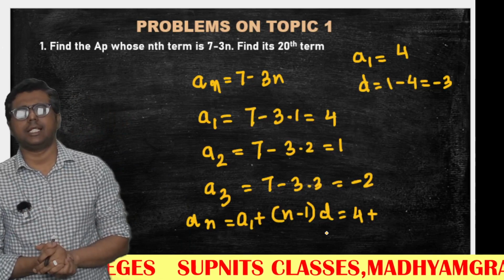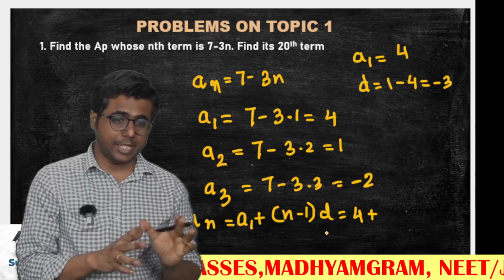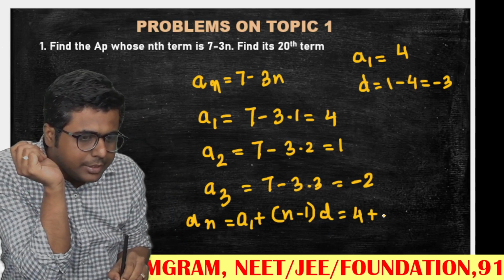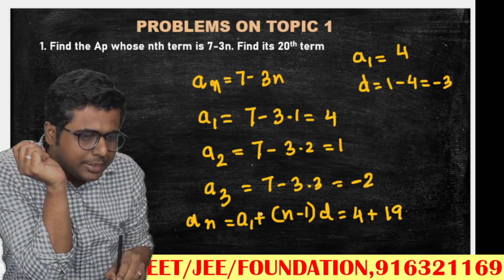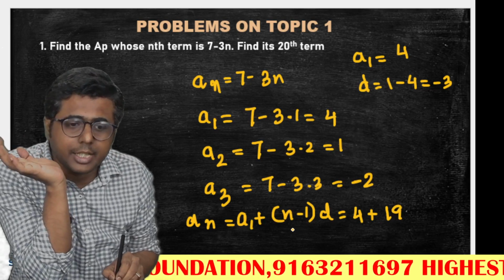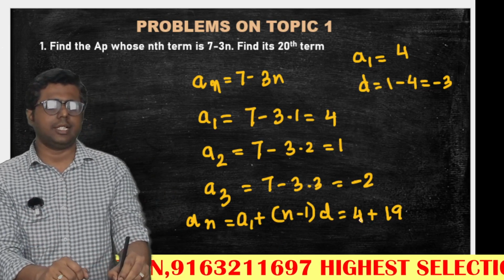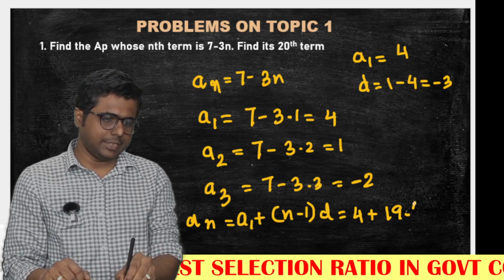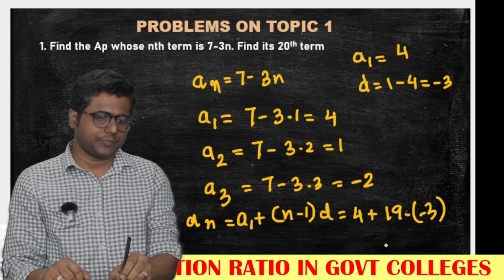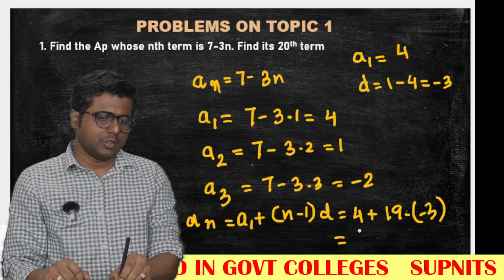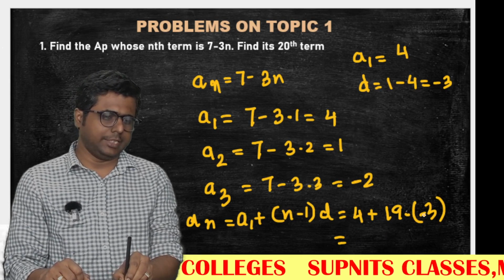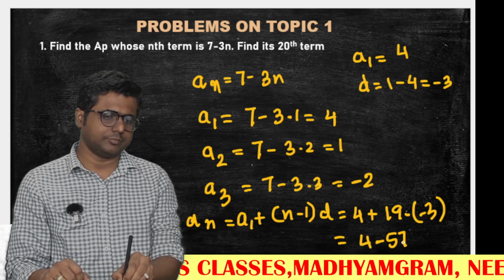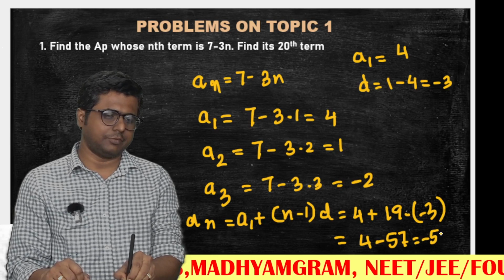Here an is nothing but a20, right. An is nothing but a20, guys. So, you can just put in place of n 20. So, it will be 19, right. N minus 1, 19, correct. So, if it is 19, then I can easily say into d, that is minus 3. So, it will be 4 plus 19 into minus 3, that is 4 minus 57, that is minus 53.